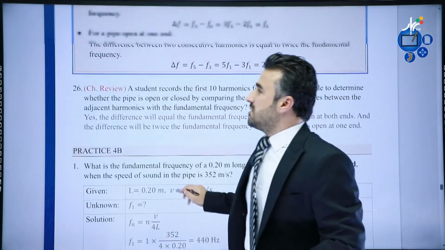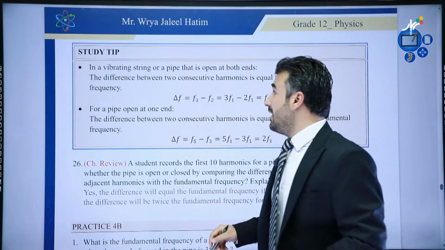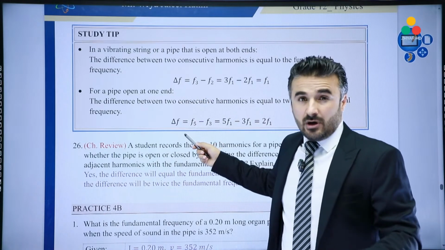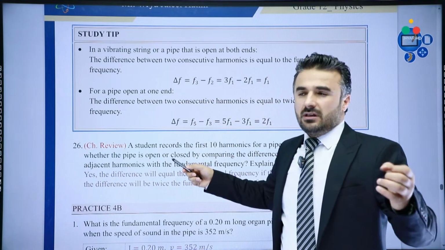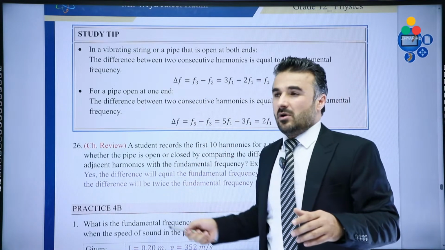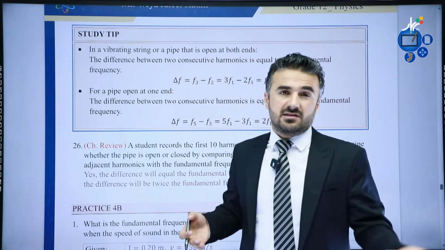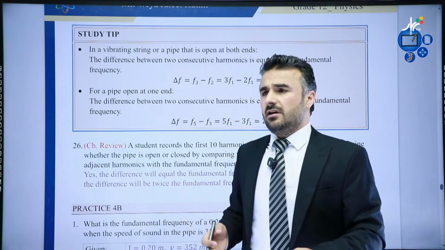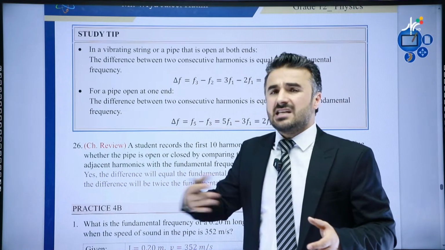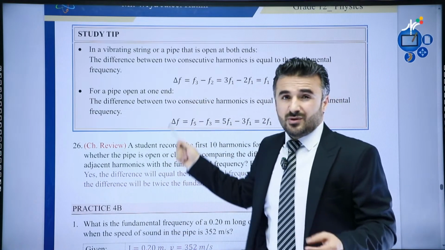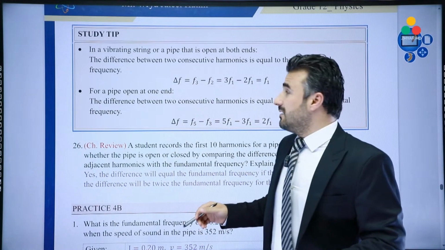The answer is yes. Just like we said earlier, take the difference between two consecutive harmonics of these 10 harmonics. It could be between the first and the second, the fifth and the sixth, or the seventh and the eighth, whatever it is, as long as they are consecutive.